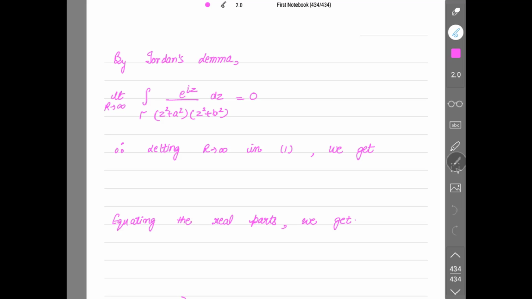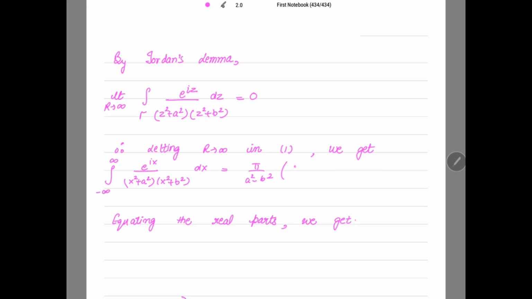Letting R tend to infinity, negative R changes to minus infinity to positive infinity, and the integral of e to the power iota x over x squared plus a squared into x squared plus b squared dx is equal to pi over a squared minus b squared, e to the power negative b over b minus e to the power negative a over a.